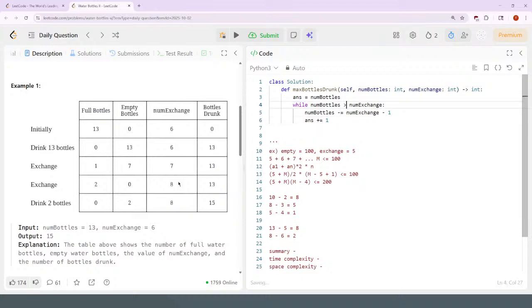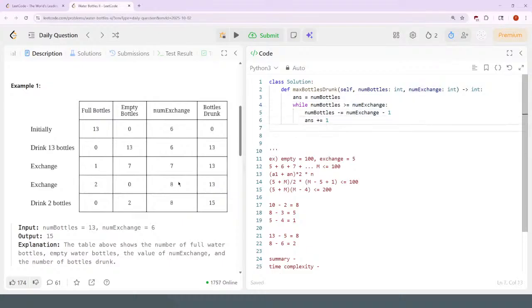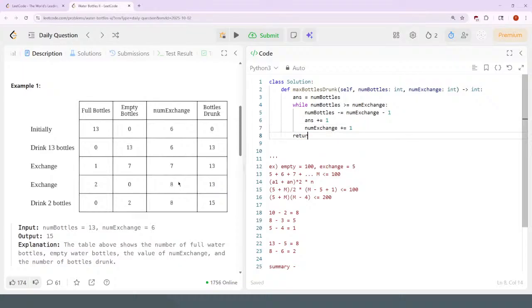I think this should be greater than or equal to, and then num exchange increments. I think that might be it.